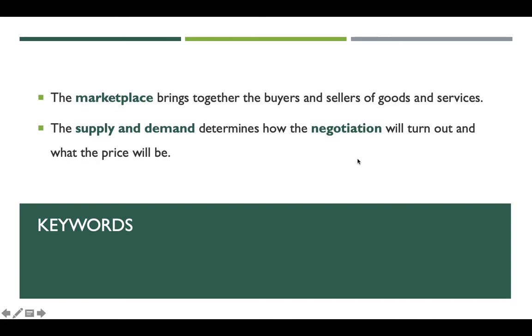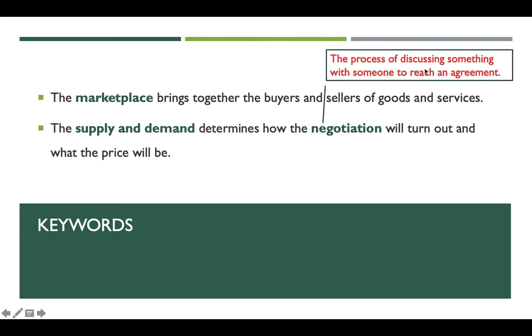And the word negotiation here means the process of discussing something with someone to reach an agreement. So when 2 parties do not agree on something, they need to talk about it together. And this process is what we call negotiation.